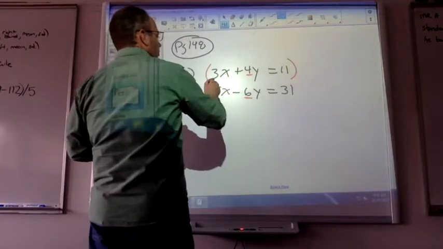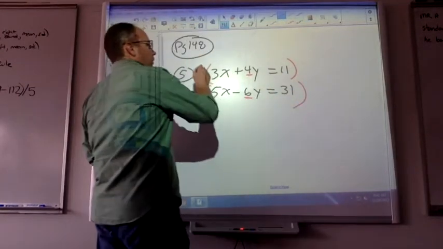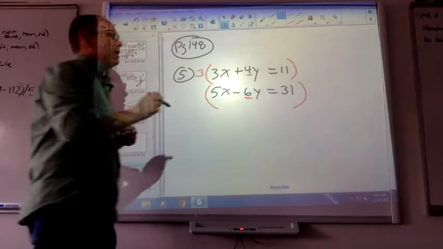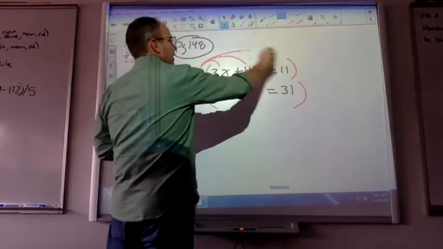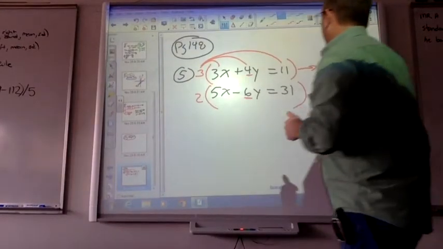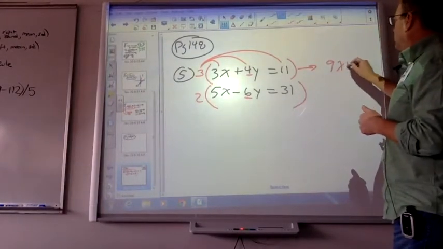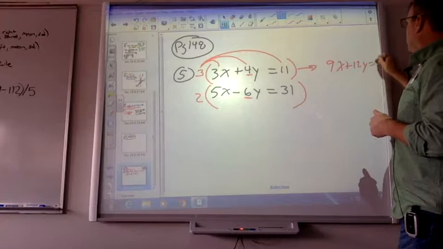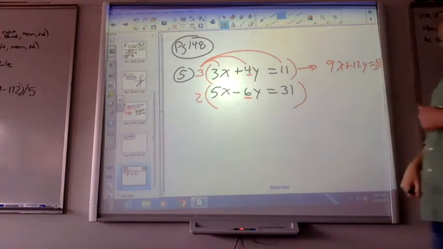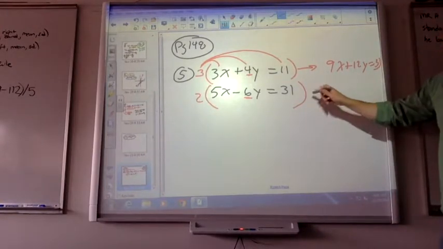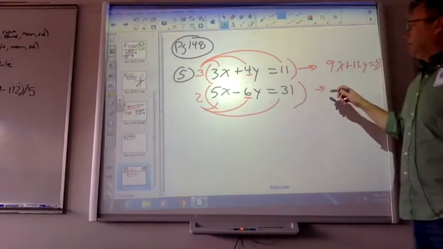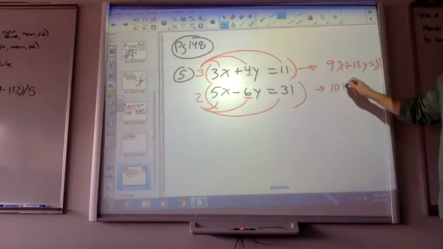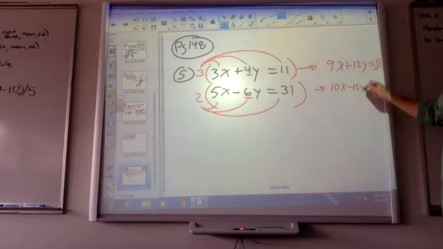Alright, so 12 is the smallest number that they both go into. So I'm going to multiply this by 3 and this by 2. If I distribute 3 here, here, and here, this equation now modifies to 9x plus 12y equals 33. And this equation, I'm going to distribute the 2 here and here and here. So I get 10x minus 12y equals 62.